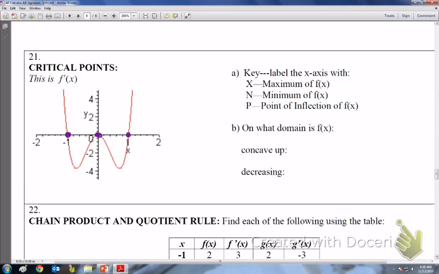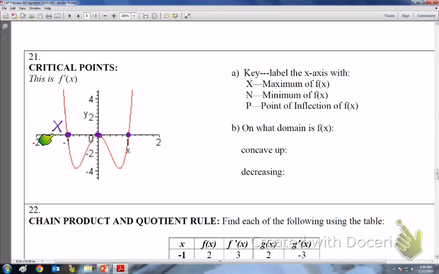So I need to put a maximum where it goes from increasing to decreasing on the original function, which is where it goes from positive to negative on the derivative. So which of these 3 points goes from positive to negative? Negative 1, right? It's positive and then it's negative, which means that the original function is increasing and then decreasing. So this is where I would put an x.